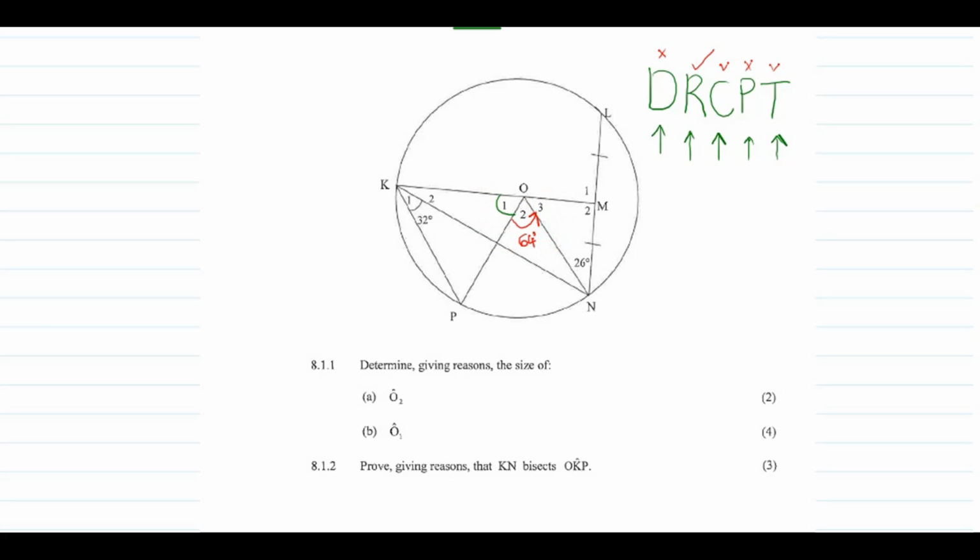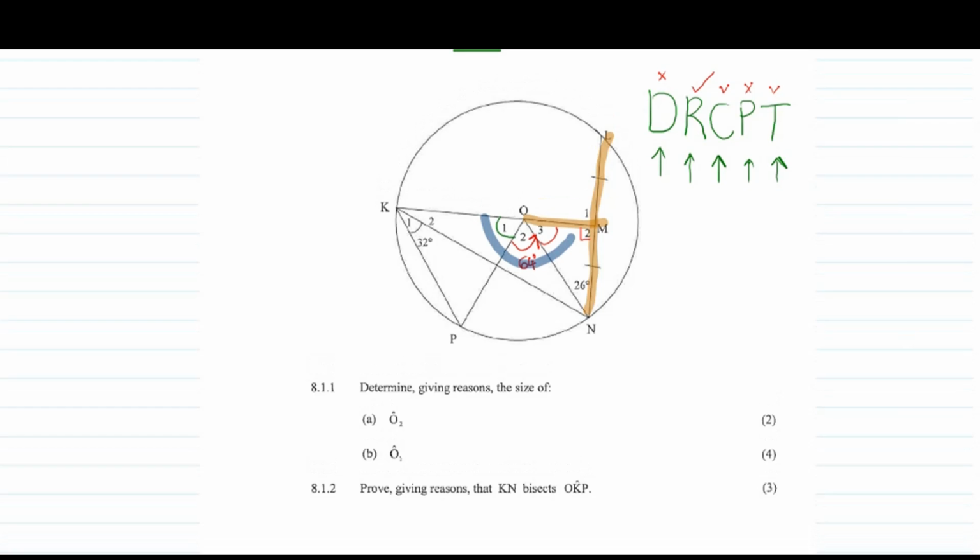Since OM is perpendicular to LN according to the radius chord theorem, we know that angle N2 is equal to 90 degrees. Do you agree? Then we use the sum of angles in a triangle to get our O3, and from there we use the sum of angles on a straight line to get our O1.